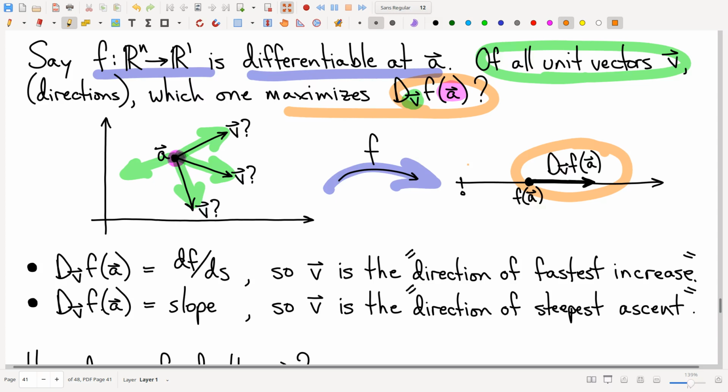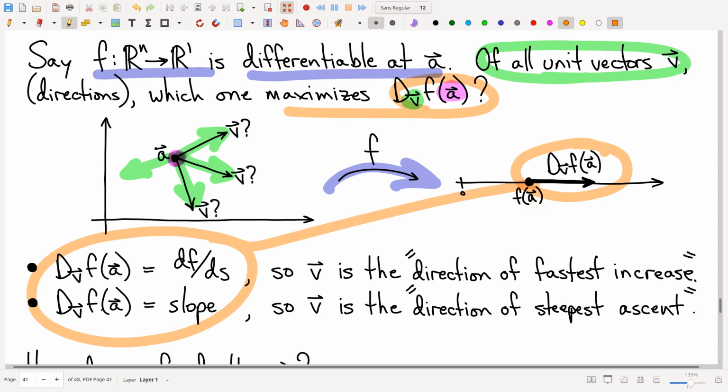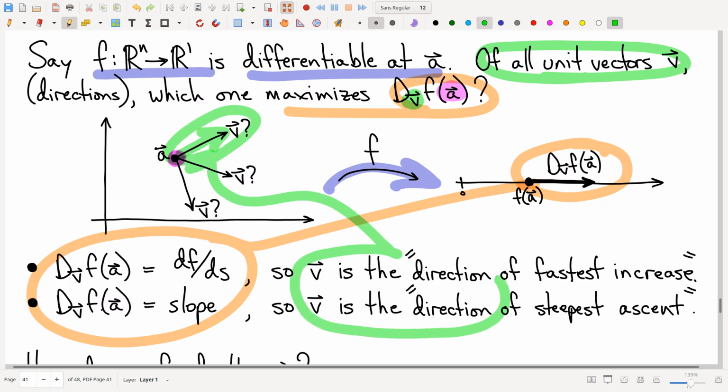Now, before I show you how to answer this question, I want to talk about terminology a little bit. There are a couple of different terms you can use here, keeping in mind that directional derivatives are interpreted in two different ways. You can think of it as a rate of change with respect to distance, how fast the function is increasing, or you can think of it as the slope of the graph. Either way, not a problem. The answer we're going to end up finding, and arbitrarily, let's suppose it's this one here, that vector is going to represent the direction that accomplishes a certain goal.